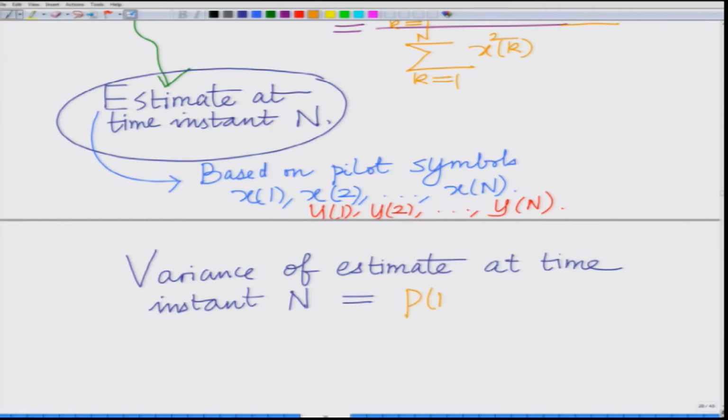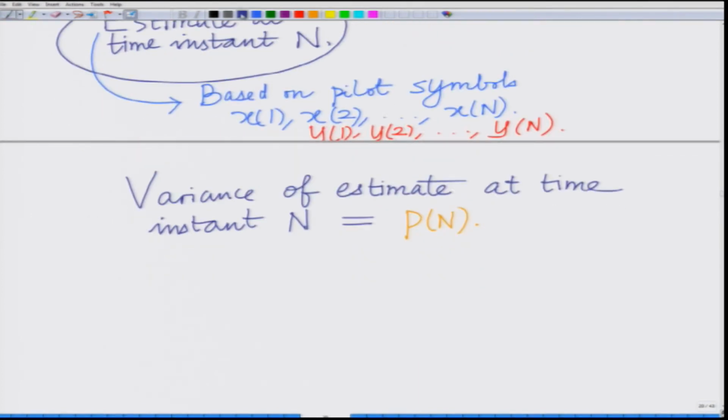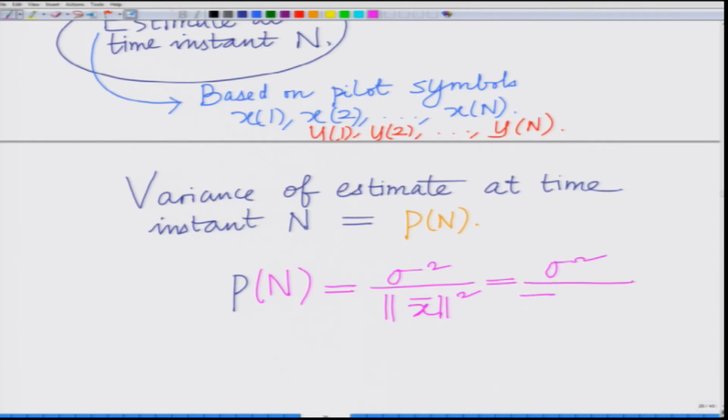We know that P of n is equal to sigma square divided by norm x bar square, which is basically equal to sigma square divided by summation k equal to 1 to n x square of k.